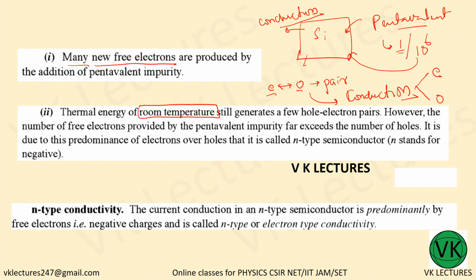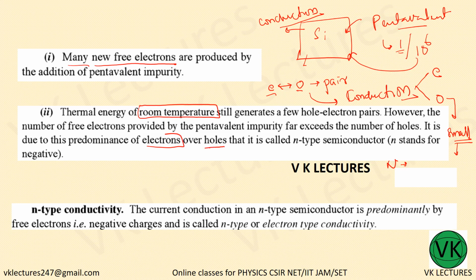But the number of holes will be very small, and it depends on the temperature. The number of holes taking part in conductivity in an n-type semiconductor will be very small. The dominance is for electrons over the holes.